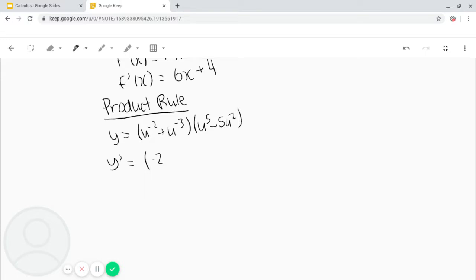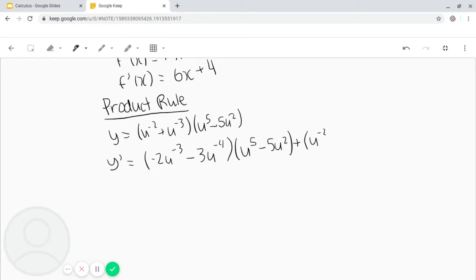So negative 2 in front, u, and then negative 2 minus 1 is negative 3, minus 3u, so take that negative 3 down, and negative 3 minus 1 is negative 4, and then multiplied by the second function, just regular, so u to the 5 minus 5u squared, and then add the first function, just the normal, not the first derivative.